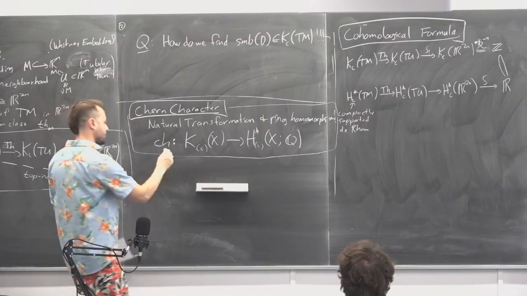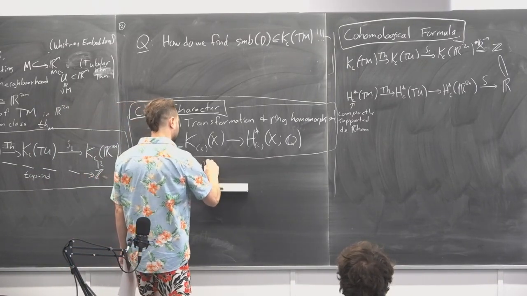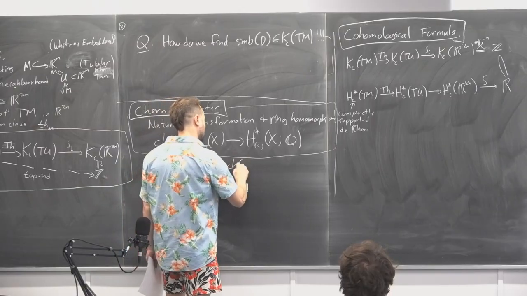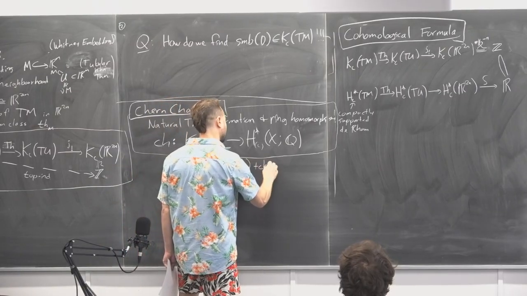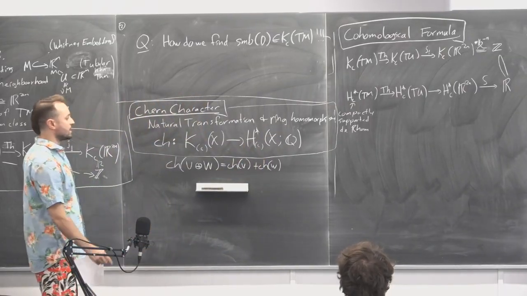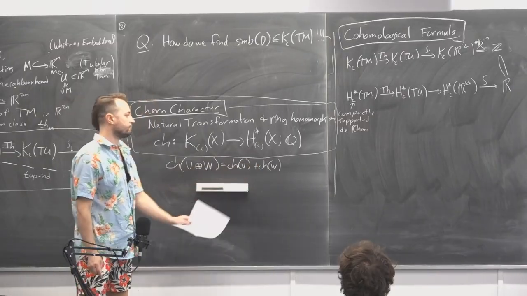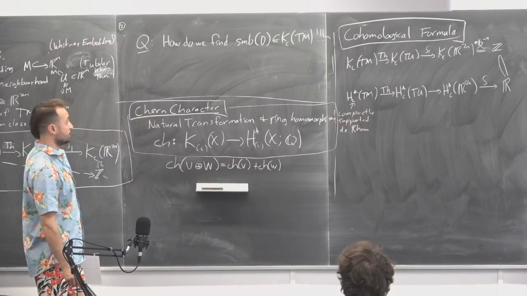The Chern character takes a sum of bundles to the sum of Chern characters. And similarly, it's a ring homomorphism, so similarly with the tensor product. But this happens at the cost of introducing rational coefficients into the formulas for this thing.